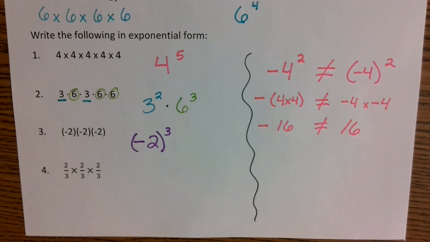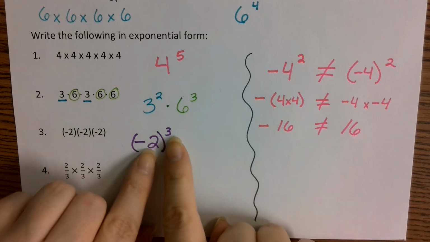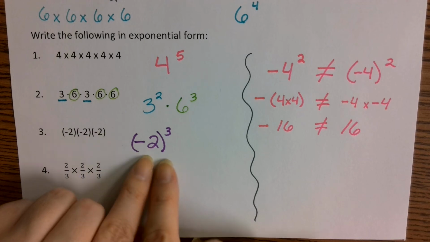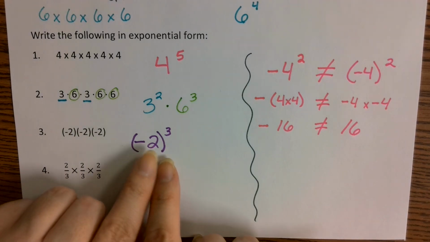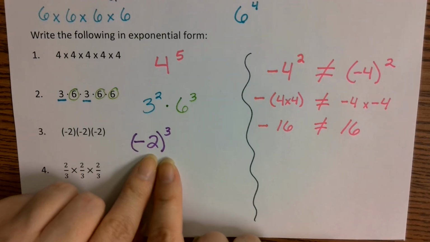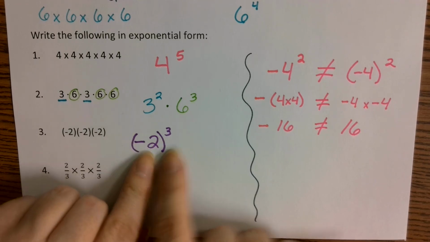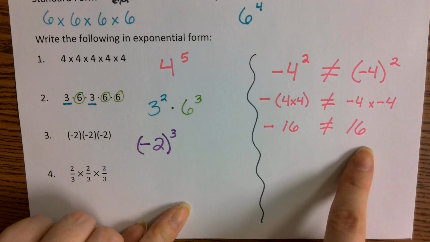So when you've got a negative base that's being repeated, you must include parentheses around that base when you put it in exponential form. When you don't include the parentheses, you are stating that the answer you get is going to be negative no matter what. Versus if you have it in parentheses, it might come out to a positive.